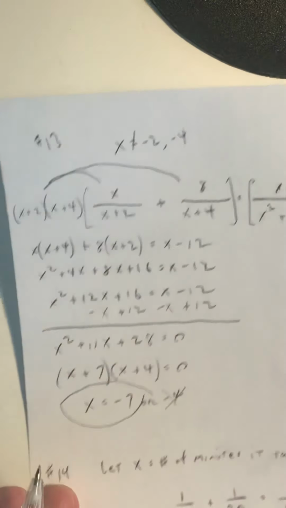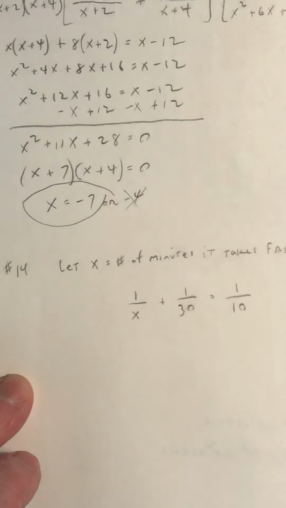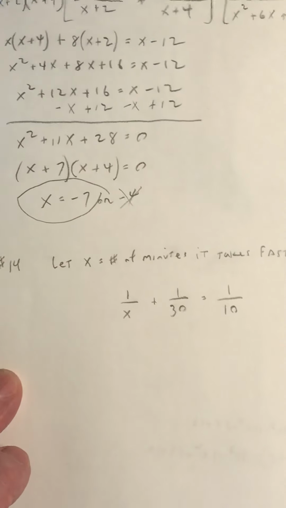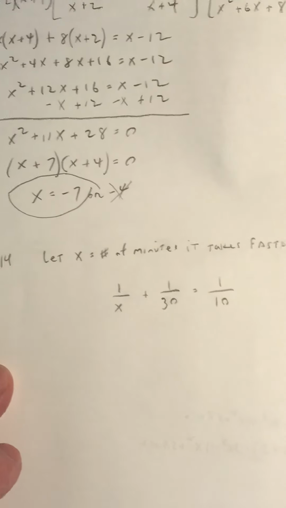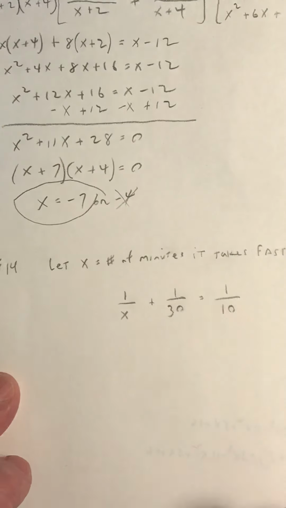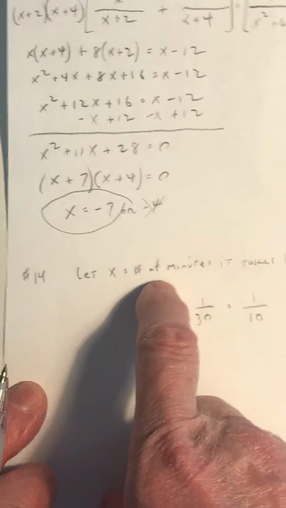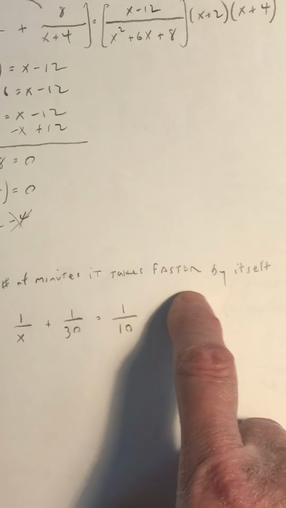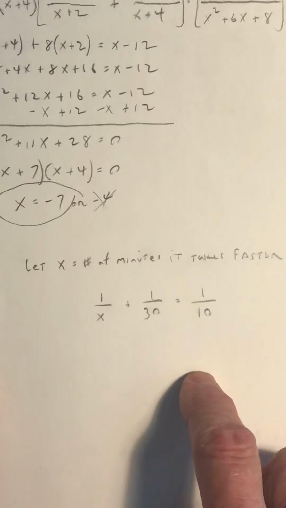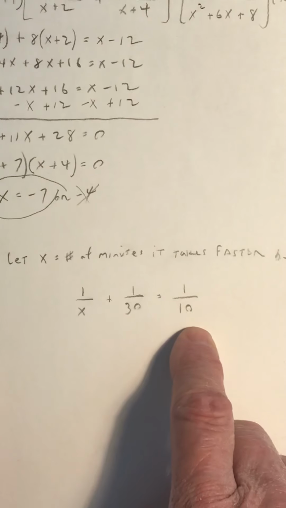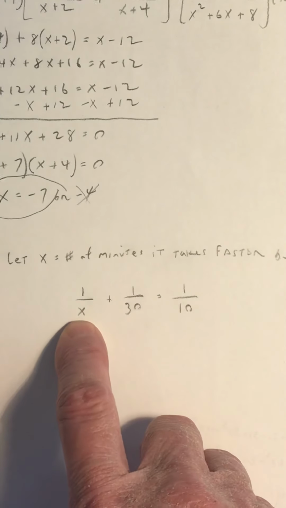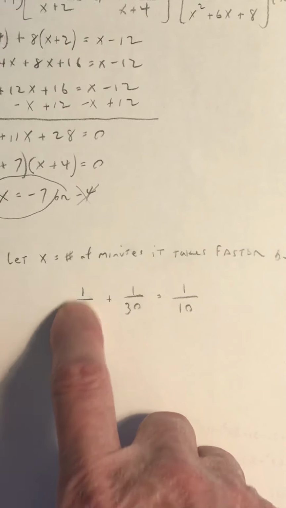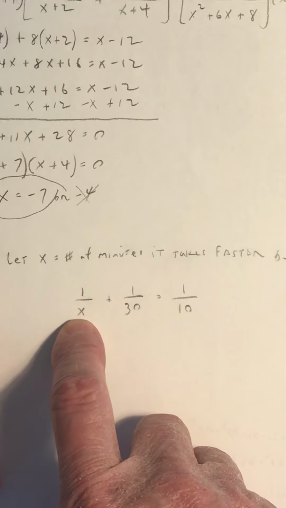In question 14, the one about the computer sending email. Again, there's not enough room on the paper really to do it, so I wrote it down here. I'm going to say x represents the number of minutes it takes the faster computer working by itself. So what happens in 1 minute? The faster computer gets 1/x of the job done.